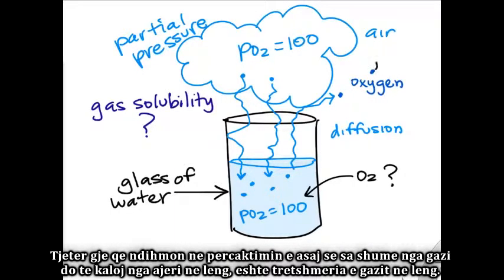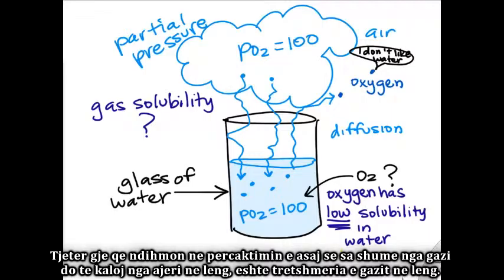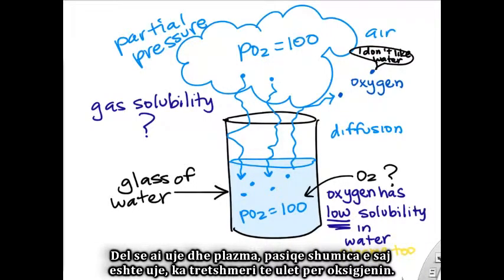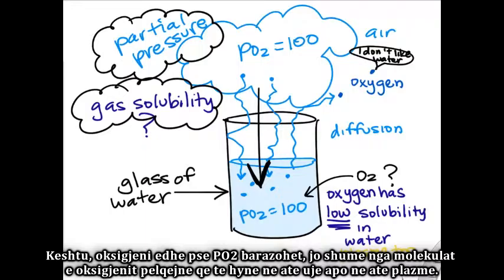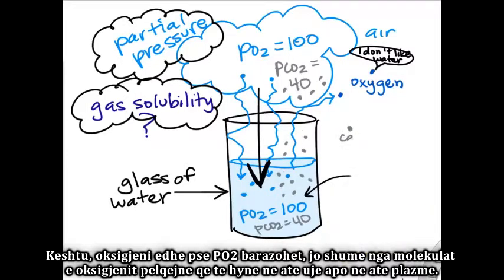The other thing that helps determine how much gas will go from air into liquid is the solubility of that gas in the liquid. And it turns out that water and plasma, since it's mostly water, has a fairly low solubility for oxygen. So even though the PO2s equalize, not a lot of oxygen molecules like to get into that water or into that plasma.